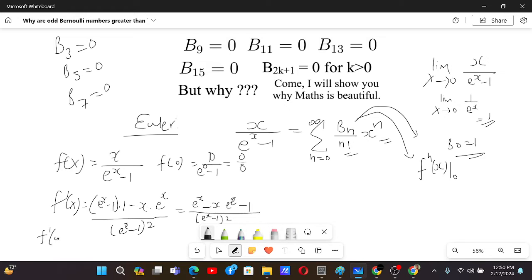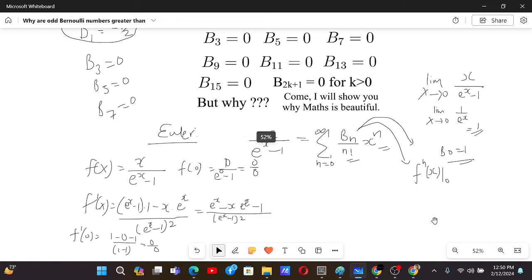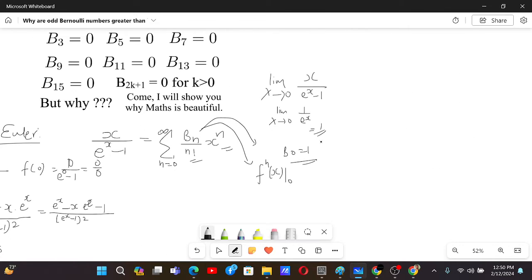Now f dash of 0 is 1 minus 0 by 0, again we need to use L'Hopital's rule because this over here is 1 minus 1, which is 0 by 0 form.